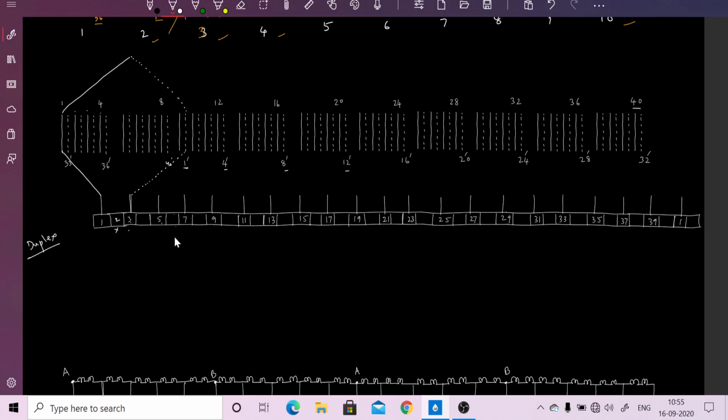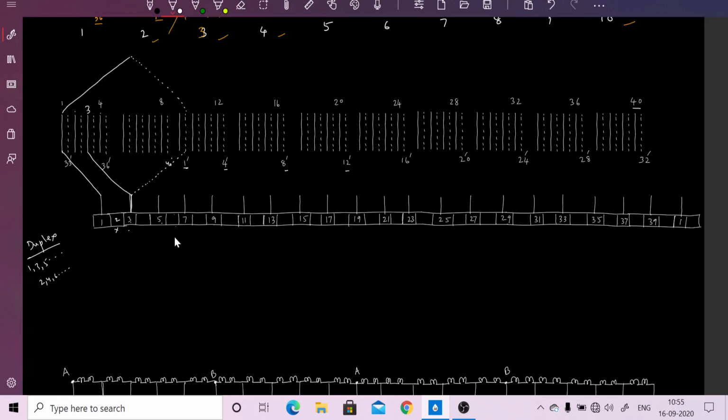So we have to leave one commutator segment. One armature winding will be connected to 1, 3, 5, so on like that. Another armature winding will be connected to 2, 4, 6, like that, even numbers, duplex winding. Then the other coil 3 will be connected to 3.